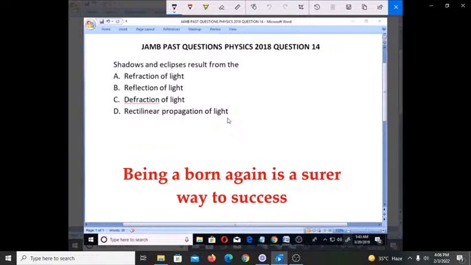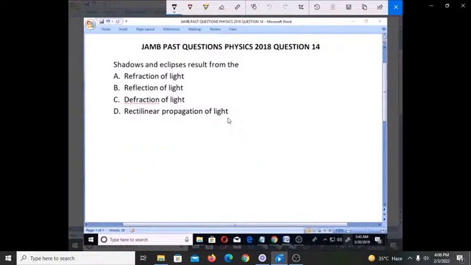So which of the following causes the shadows and eclipses? What causes the shadows and eclipses? Is it the refraction of light? Is it reflection of light? Or is it diffraction or rectilinear propagation of light?